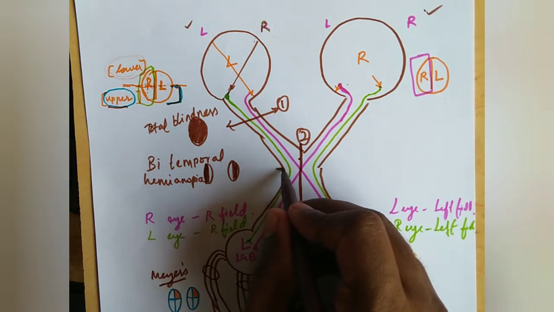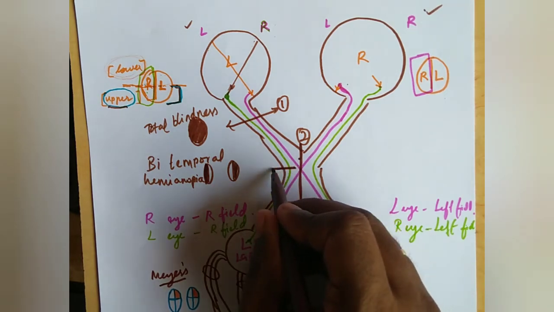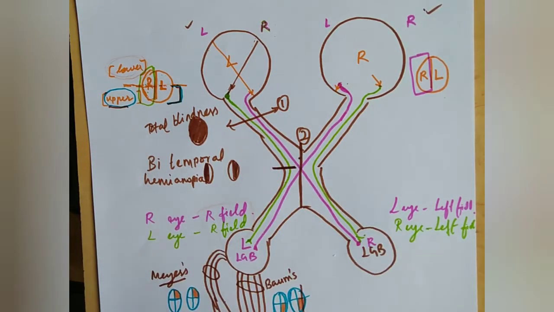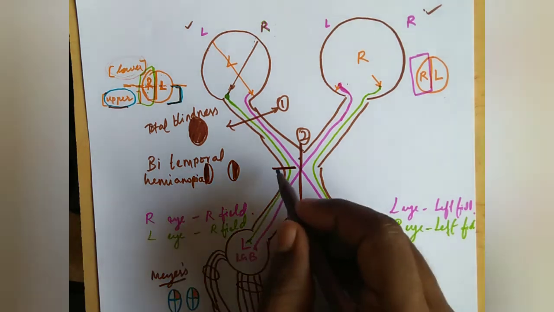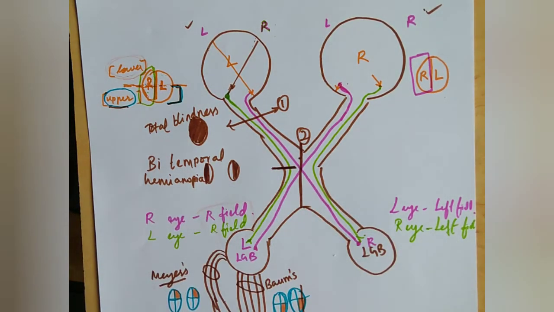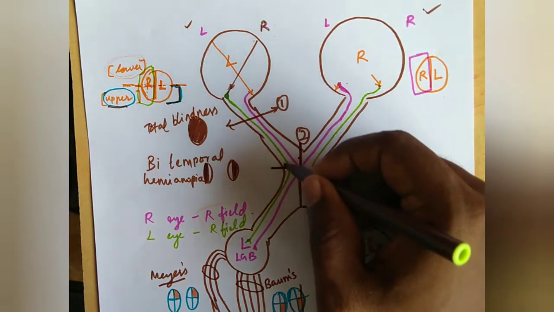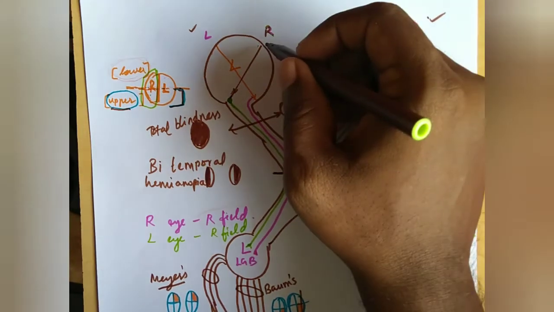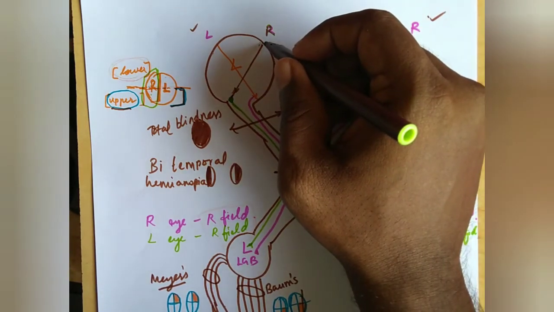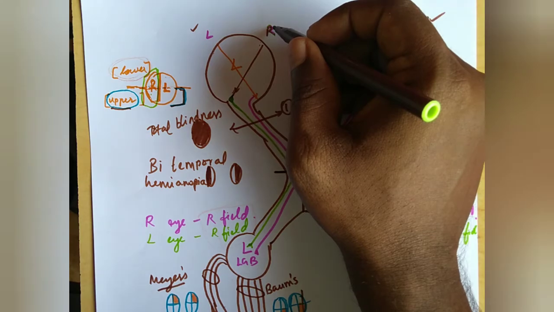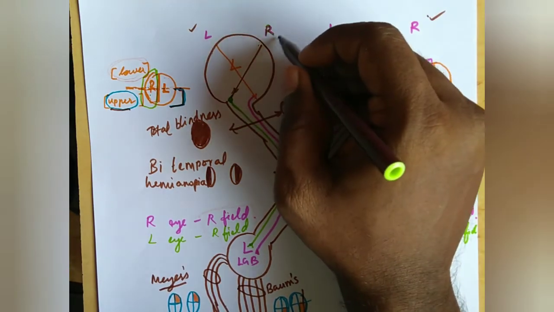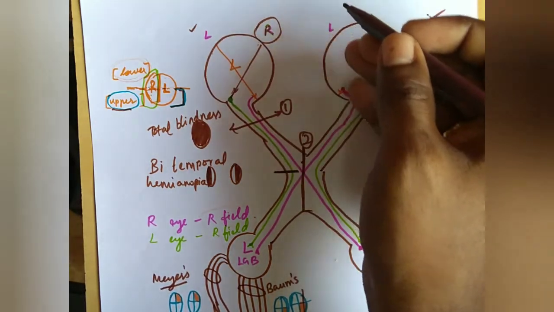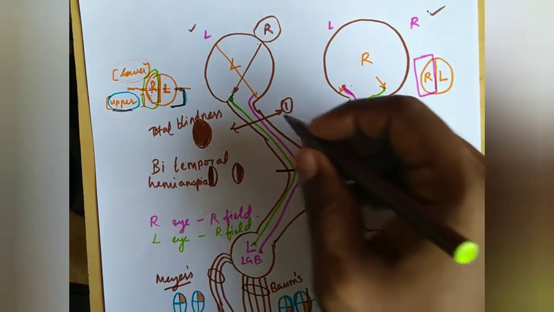Just imagine only the left half of the optic chiasma is damaged. Here you can see only one group of fibers, which is carrying the visual impulse from the right visual field of the left eye, or we can call it the nasal field of the left eye, is damaged.